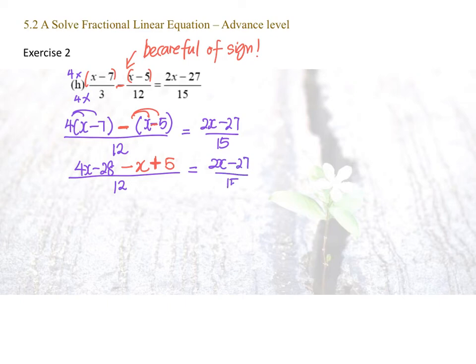Then we get the fraction over here. Simplifying our fractions, we are left with 3x minus 23 to be equal to the other fraction.